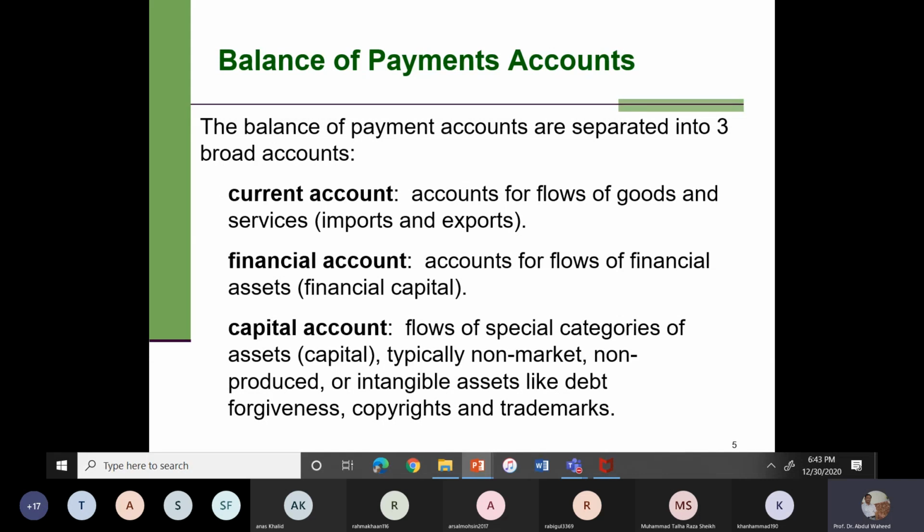And then we have the capital account, which records the flow of special categories of assets, okay, non-market, non-produced or intangible assets like debt forgiveness, or copyright, or trademark related transactions. But mostly we have current account and the financial account.